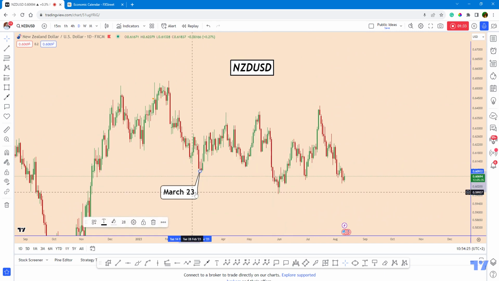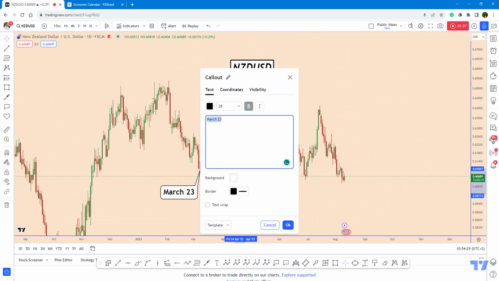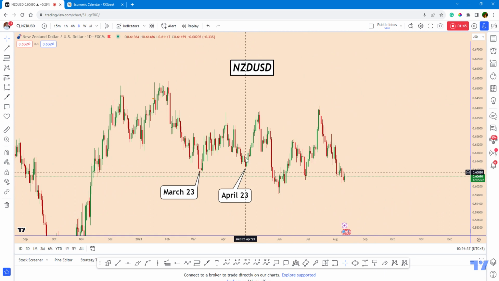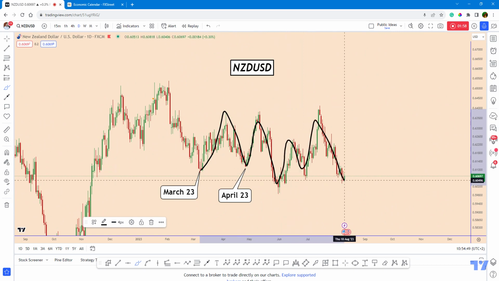The next point was at the end of April. So all the time that the price increased from this point, it came down. From March and up to now, the price is moving within this area for approximately 6 months.